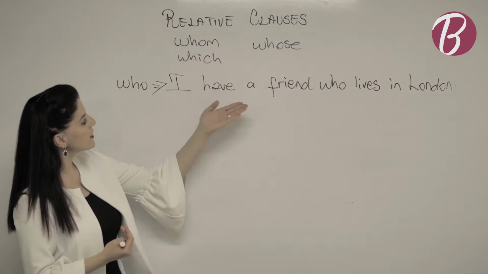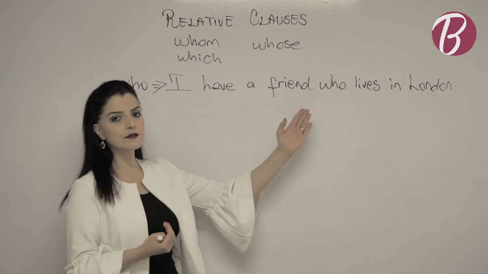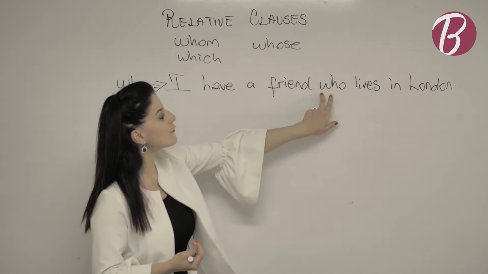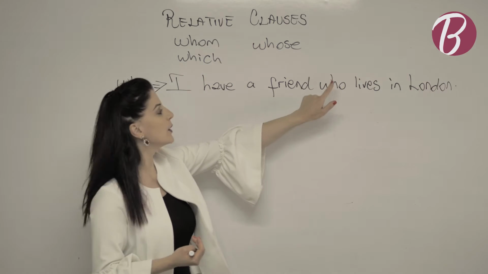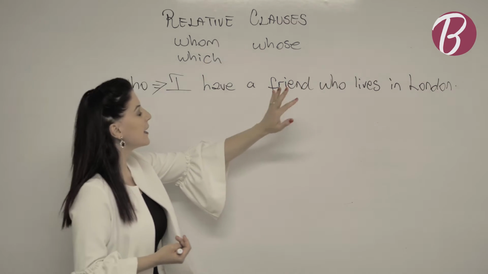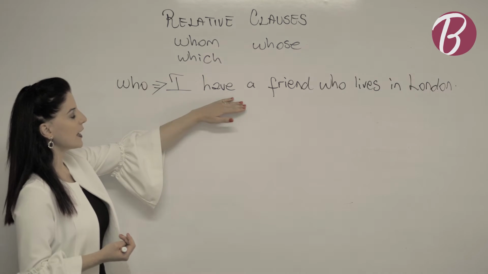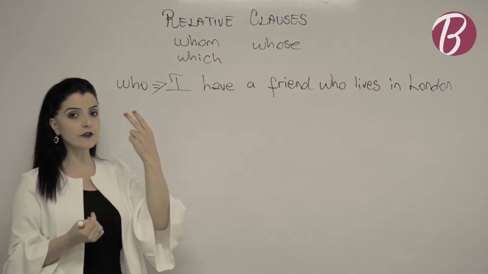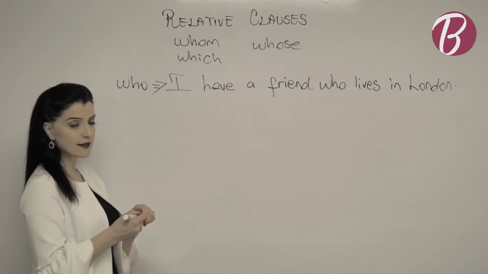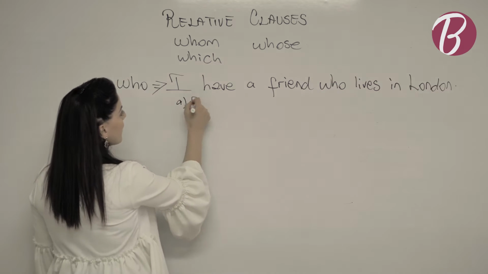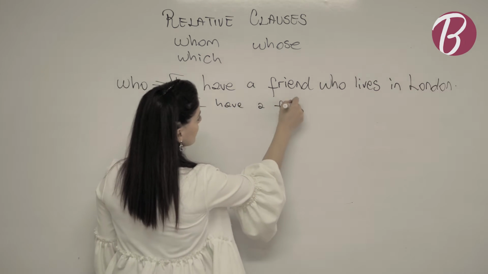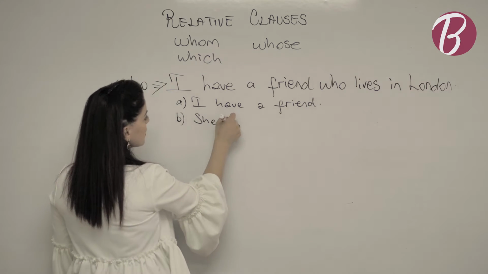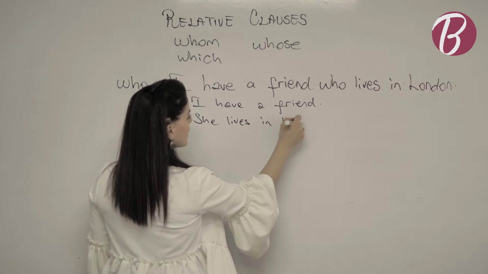In this part, you see, I have a friend who lives in London. So I am giving information by using this pronoun, who lives. But in the original form, you see in fact two different sentences. The first sentence, I have a friend, and the second sentence, she or he lives in London.